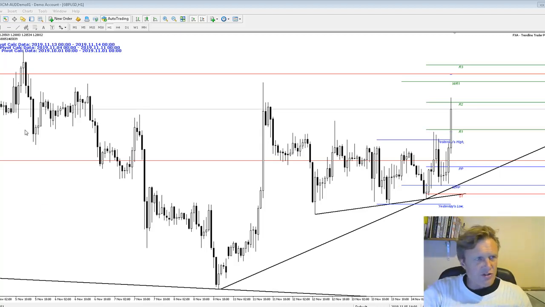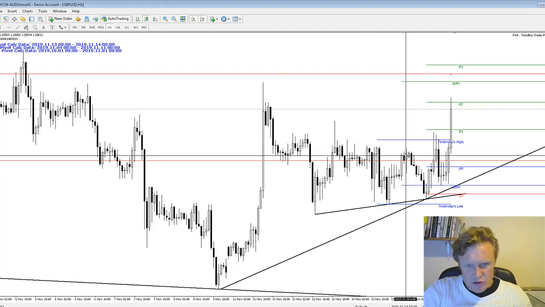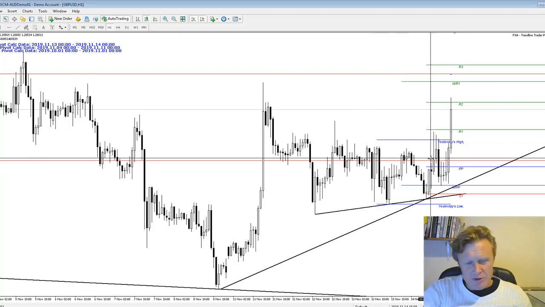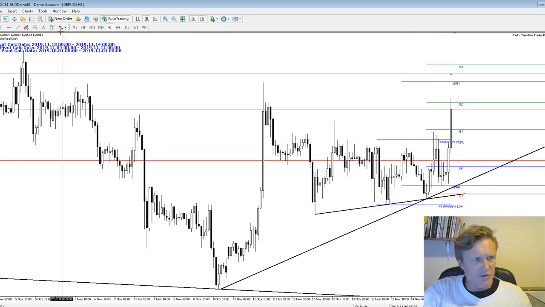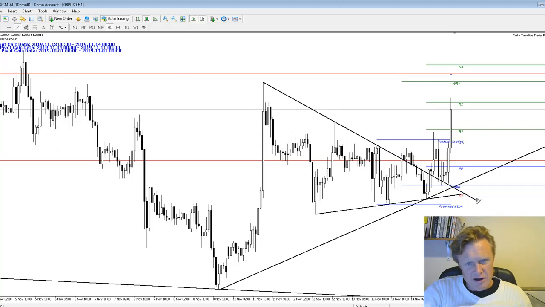Since we recorded those last videos, we got the call correct about price coming down to test this lower level from the original trend line which we had drawn through these two swing points.